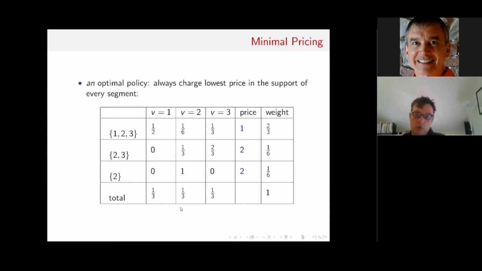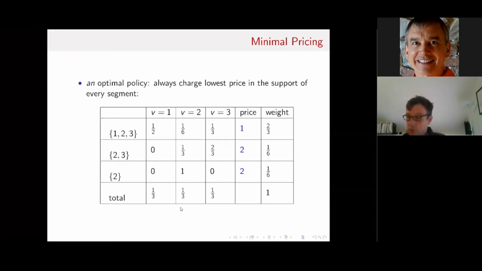I'm going to refer to that as minimal pricing. Namely, there exists in all of these segments an optimal policy that always charges the lowest price in the support of the segment. So in the segment 1, 2, 3, I'm going to charge the price 1.